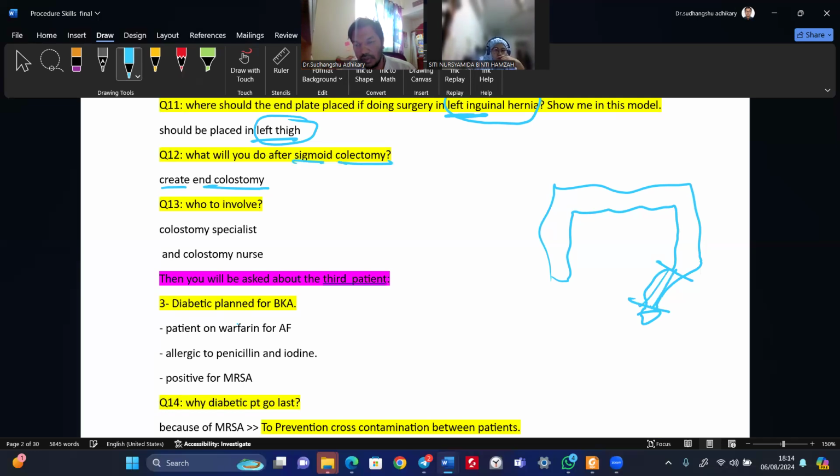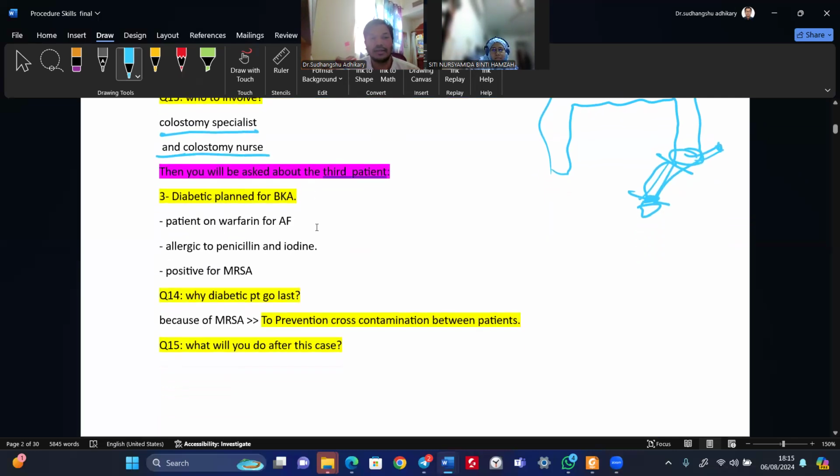So maybe this part, we will make an end colostomy, and we'll make here a rectal stump. Okay, end colostomy. Who to involve? Colostomy specialist and colostomy nurse.